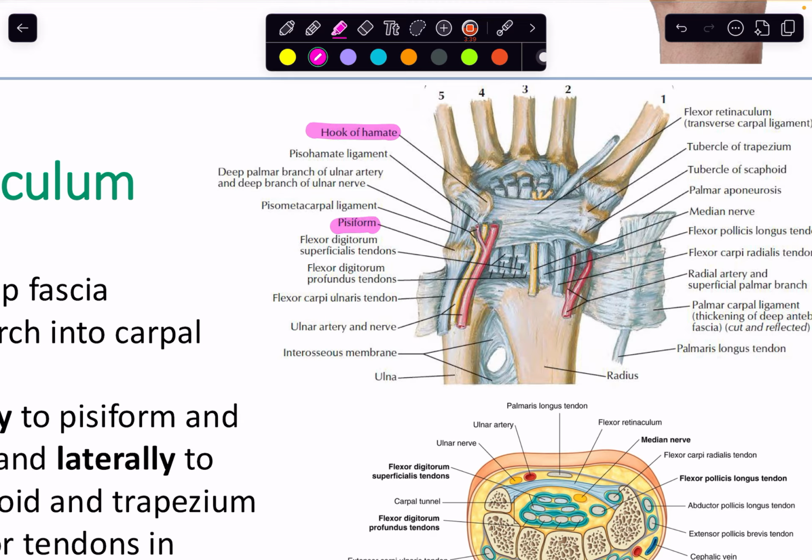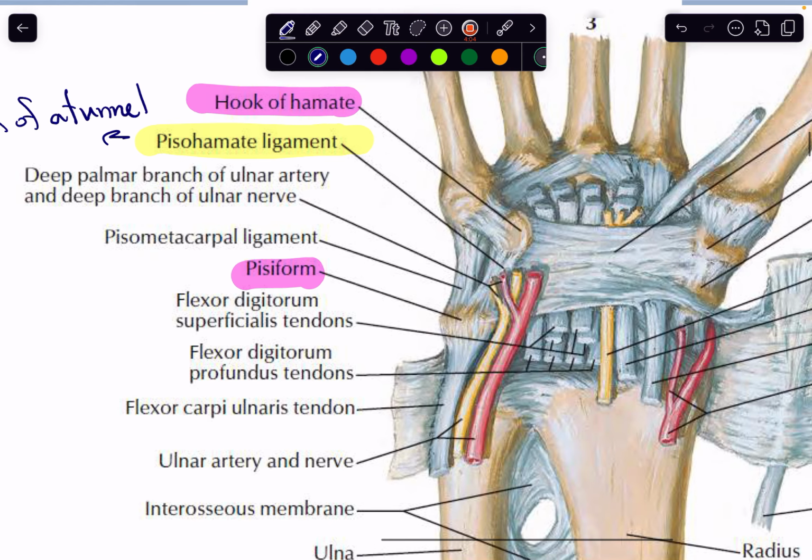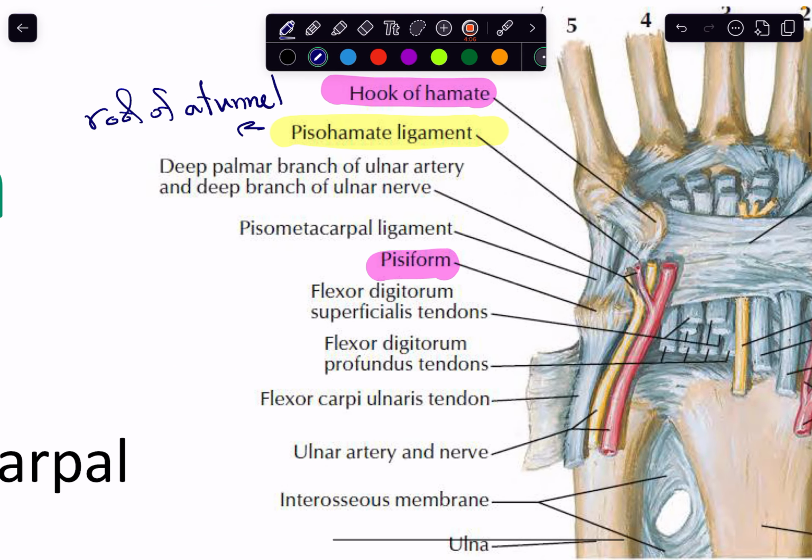This ligament is sometimes called the pisohamate ligament, and this ligament forms the roof of a tunnel. What is the name of this tunnel? Pisohamate tunnel, or Guyon's tunnel, right?